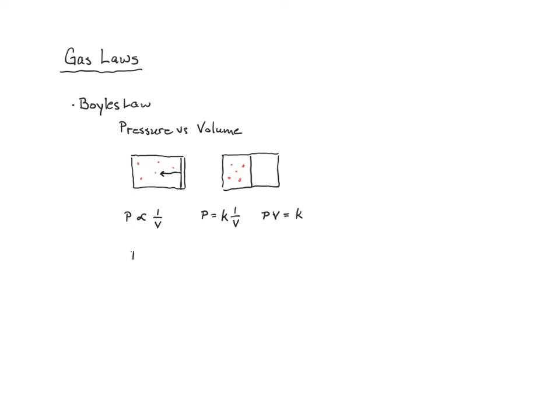So, another way of writing this is to say that if I have some initial pressure and some initial volume, the product of the two of those will be the same as some other pressure and some other volume. Okay, of course, this has to be within the same system for this to work. But again, this allows us to basically say, hey, we know this initial pressure, we know this initial volume.